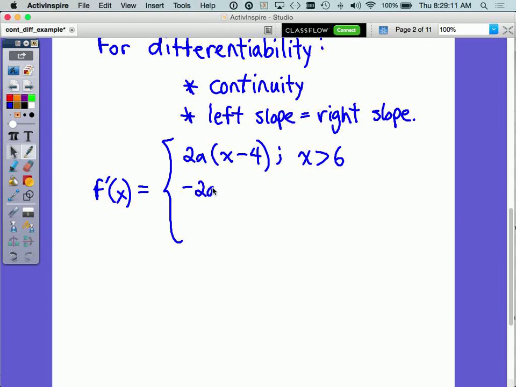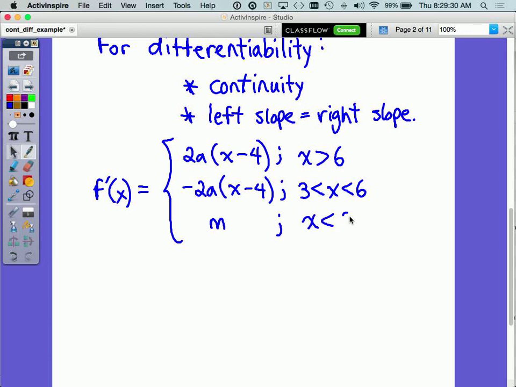Here I'm going to get negative 2a times x minus 4 for 3 to 6. And the bottom one is just going to have a slope of m, and that's when x is less than 3.